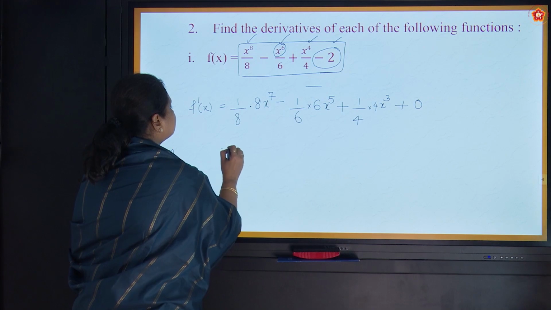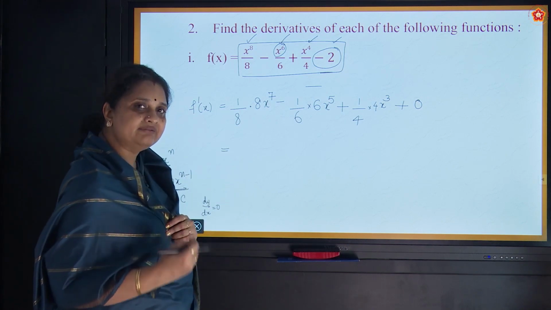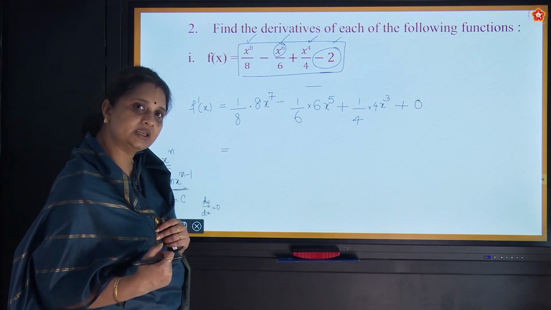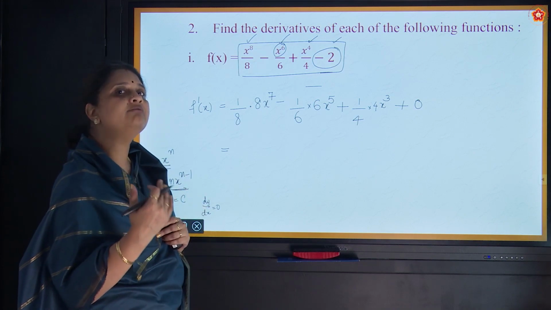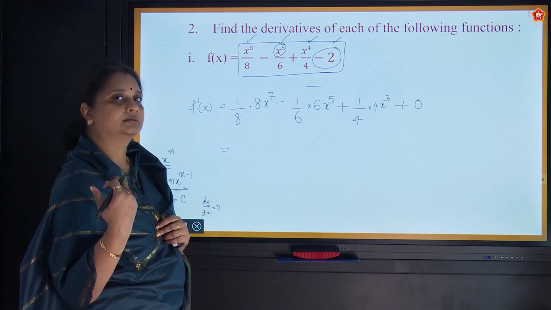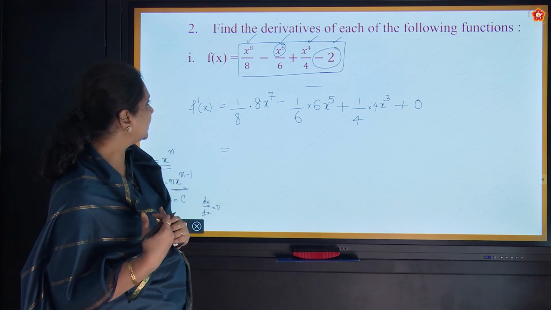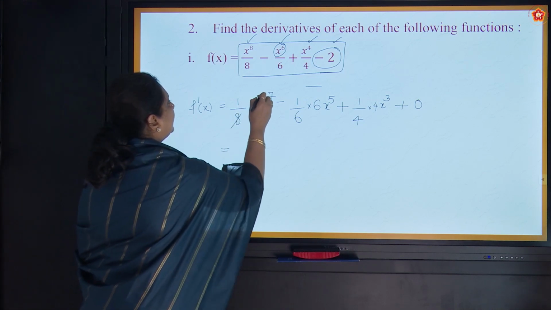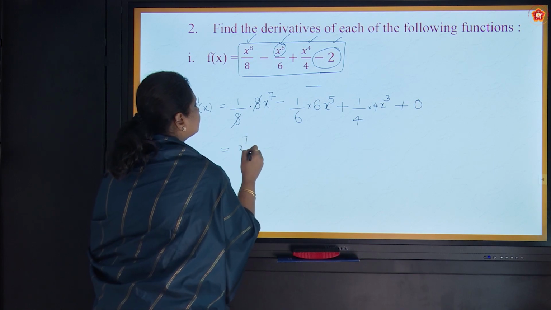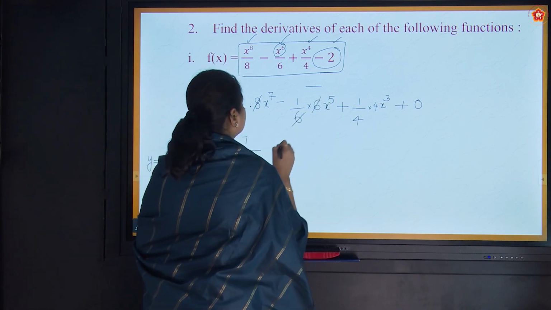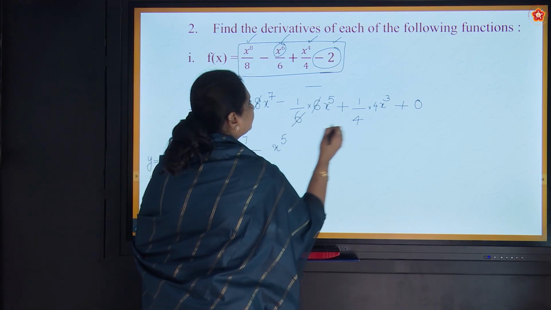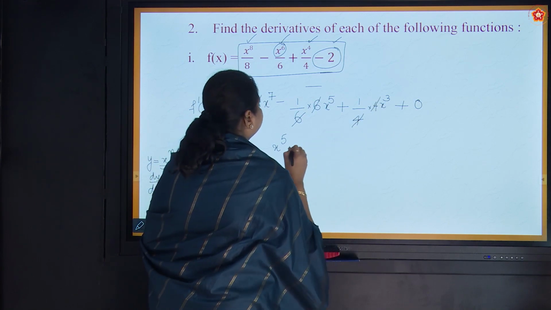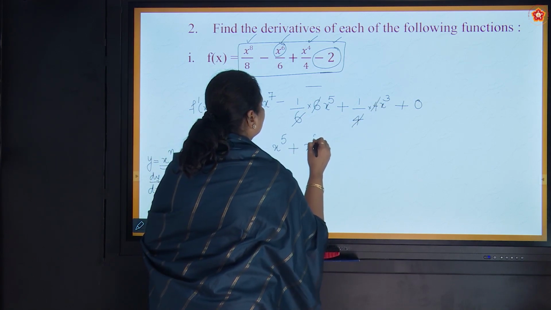So let me simplify and give it. Every function on differentiation gives me a function as an answer. So this is called its derivative. So 8 gets cancelled. It is x power 7 minus x power 5 plus x cube.